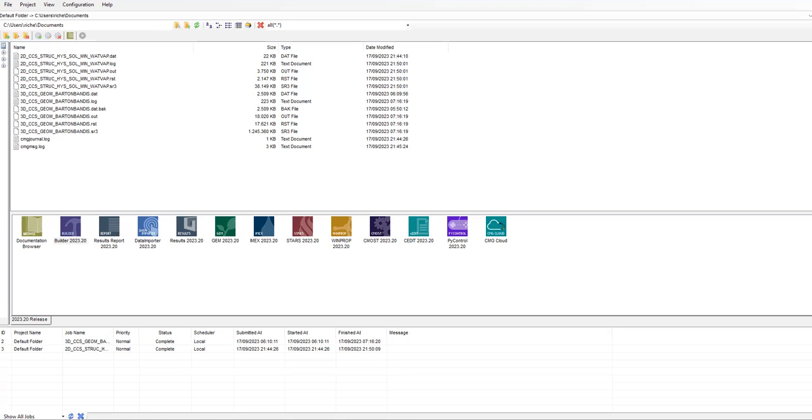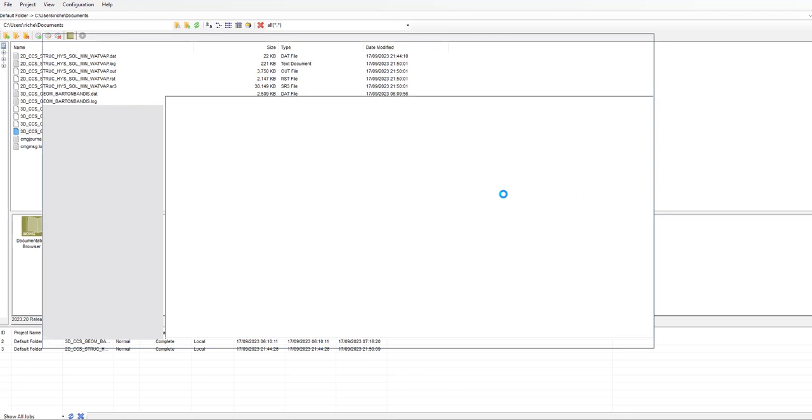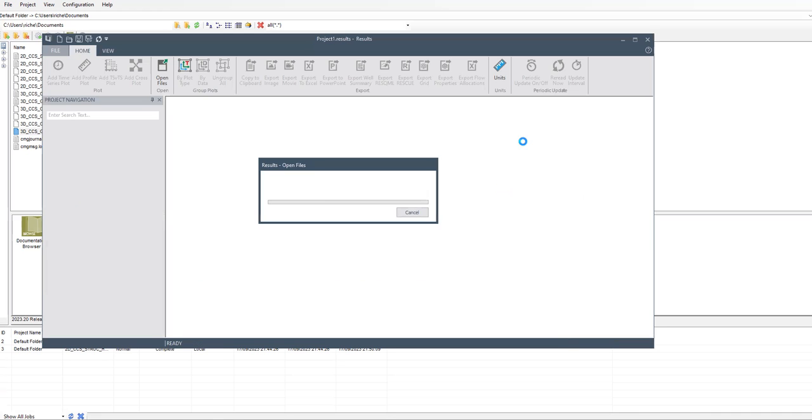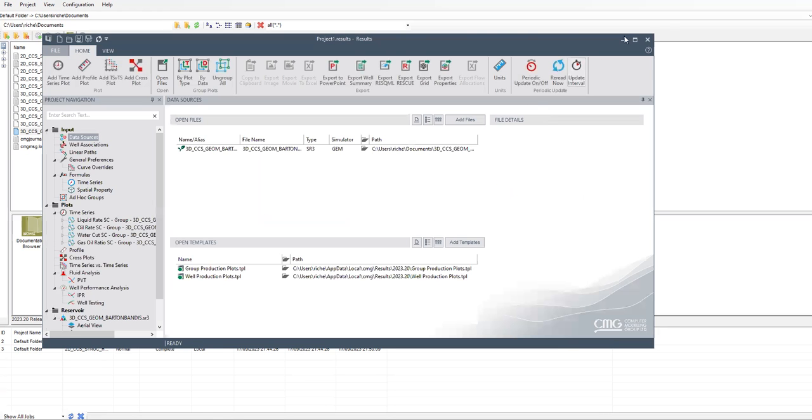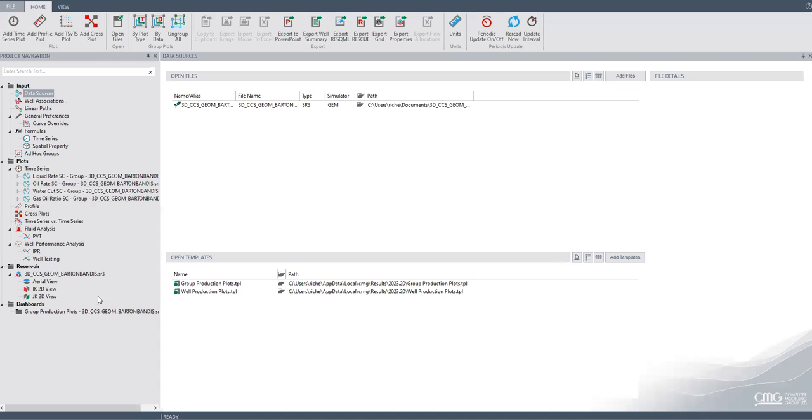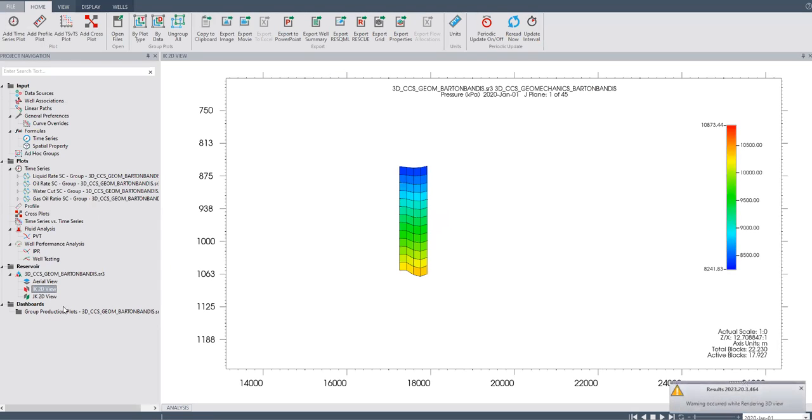Okay, so we complete the run and now let's see the result. Here we have the SR3. As usual, let's put it on our results like that. Okay, expand. So let's go directly to the IK2D view.